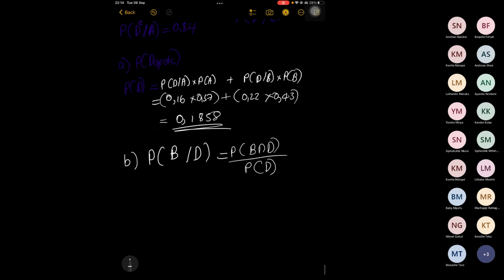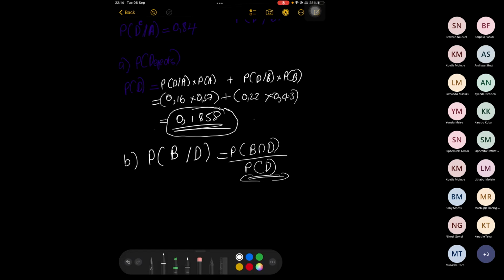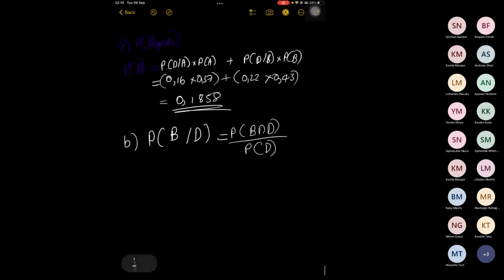We can see that the probability of D, which is the denominator, is actually what we've calculated above in the first question. So he sets his questions in such a sequential order where the first one that you compute, you have to use maybe on part B as we are doing now, or there's a way that he will actually not ask you to use that very same answer like how we did in the first example.